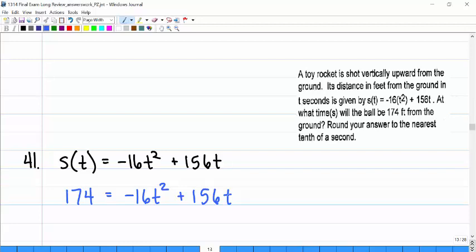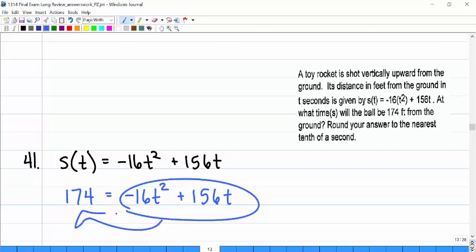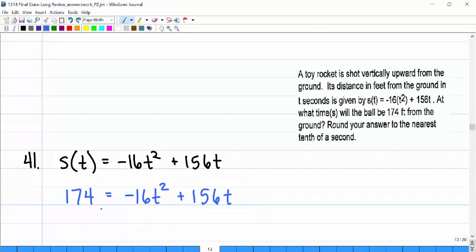This is a quadratic equation. To solve a quadratic, I need to get 0 on one side. So I'm going to move both of these things to the left. To do that, add 16t squared to both sides, and I get 16t squared minus 156t plus 174 is equal to 0.